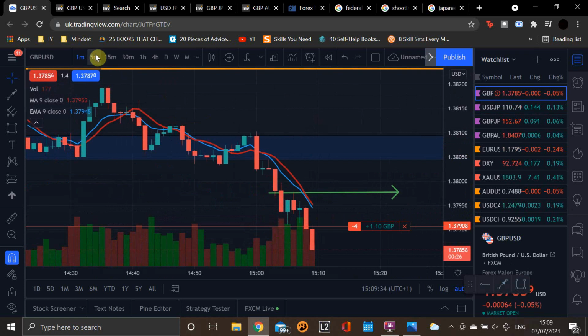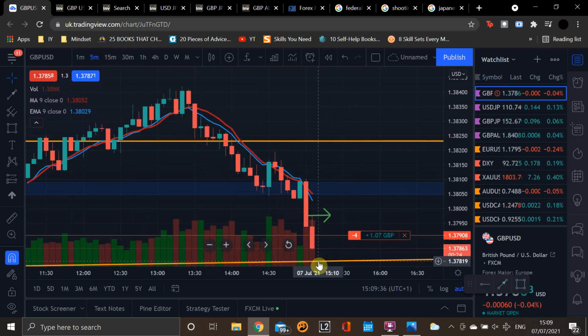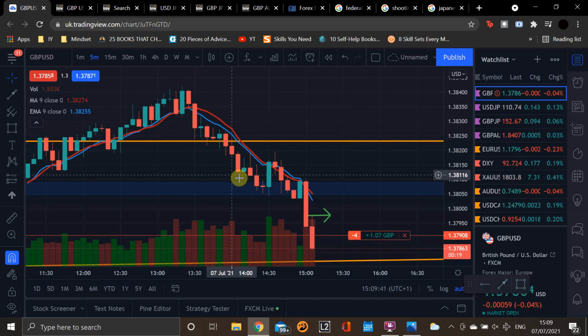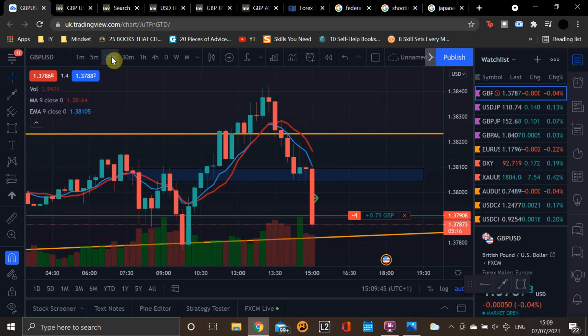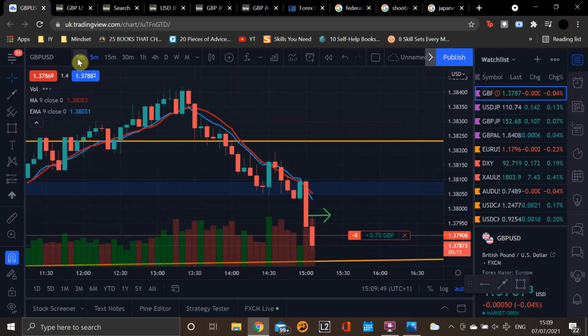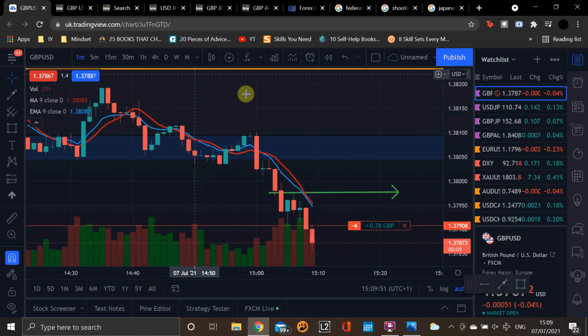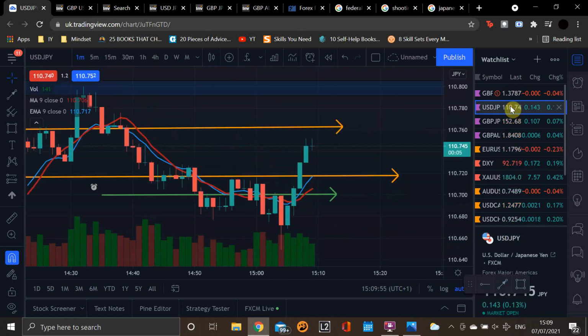Let's take profit. What will take profit be? I'm gonna ride it to that trend line. Trade this one after this one's done.